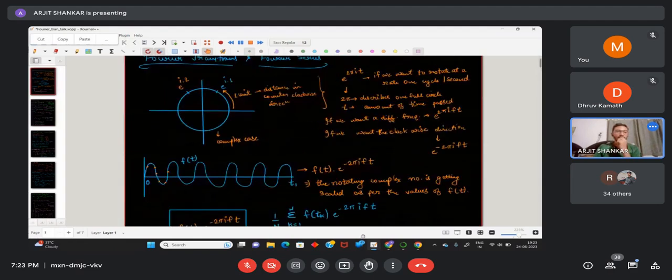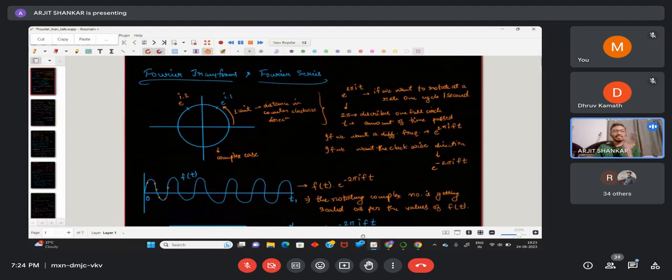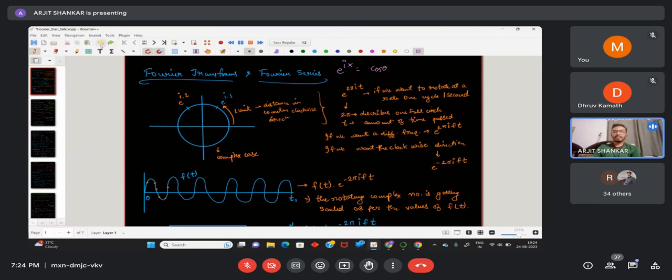Now, till now, we were taking just a simple signal. We can have some complex signal as well, complex in the sense with imaginary parts. Whenever we talk about such cases, we know what e to the power of ix signifies. It is cos x plus i sin x.